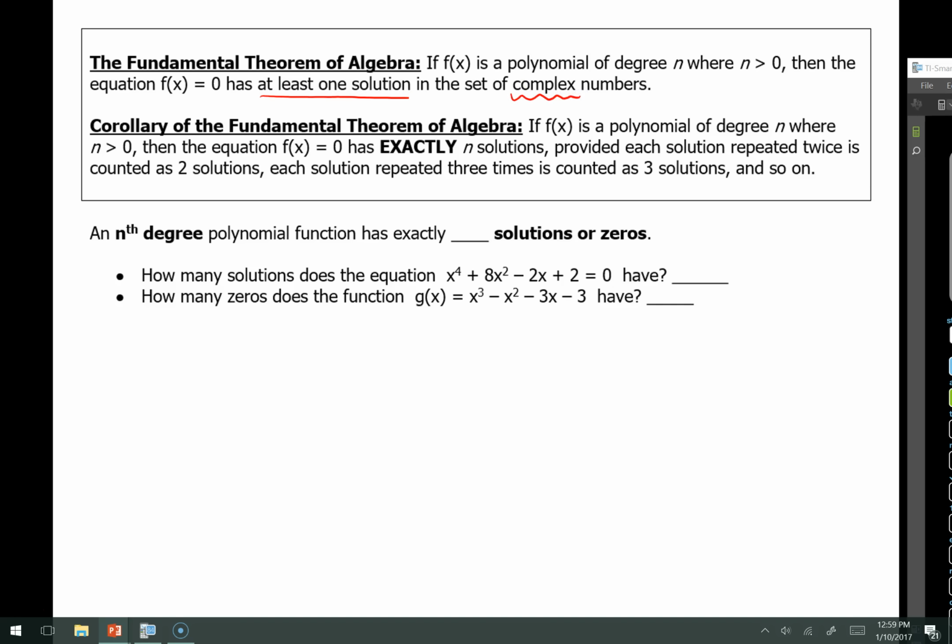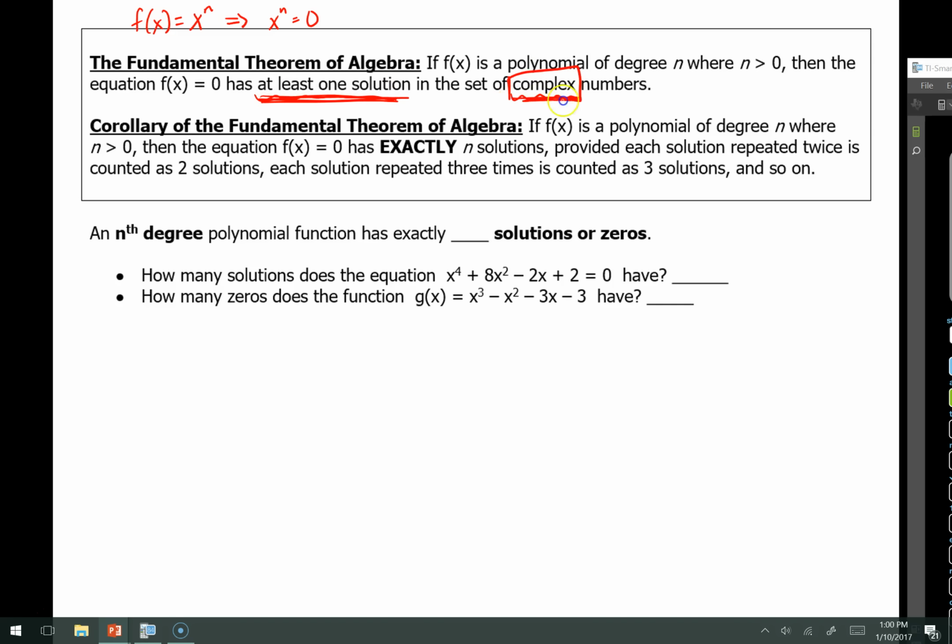So what that means is if you have some polynomial f of x and it's raised to the n degree, where n is some number like 1, 2, 3, 4, then this theorem says that if we set it equal to 0 and solve it, there has to be at least one solution as an answer.